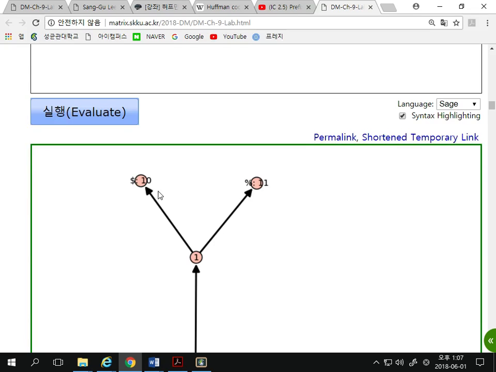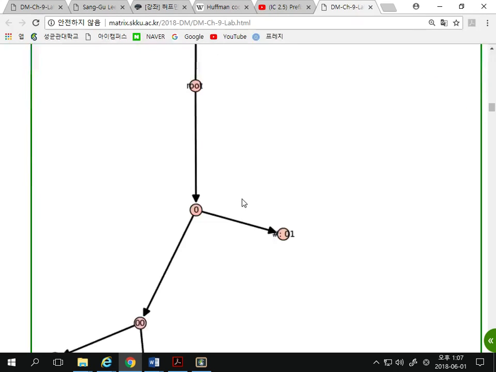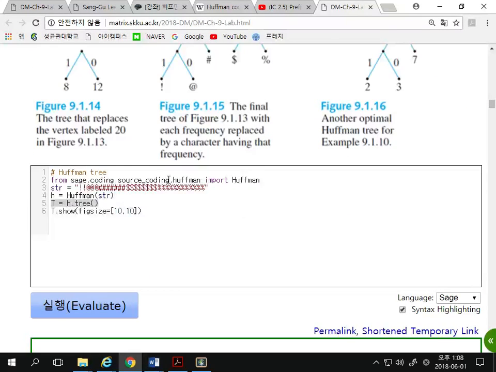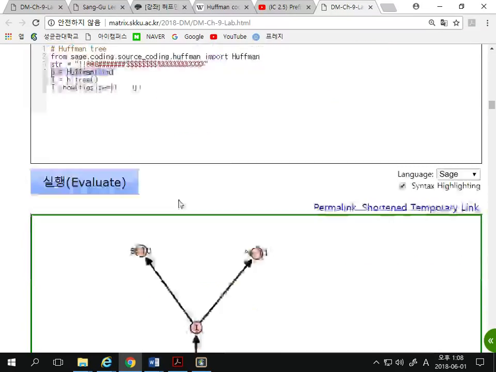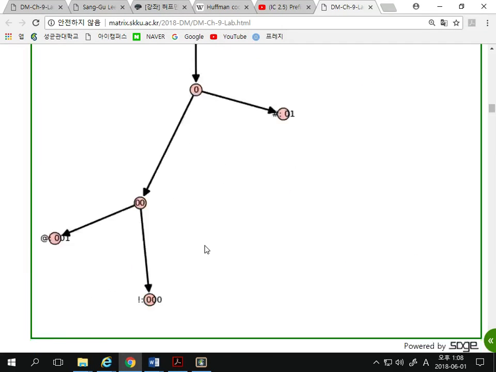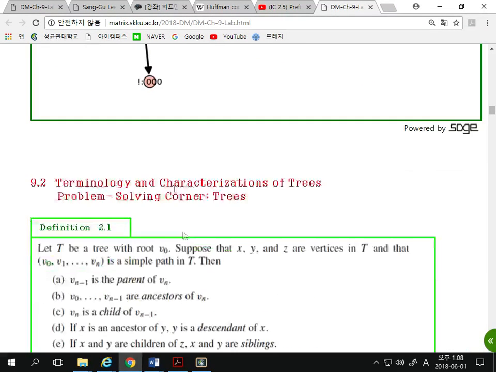This code finds the Huffman code for a given string. You can find the optimal Huffman code for this string with this tree. So the code gives you a code.